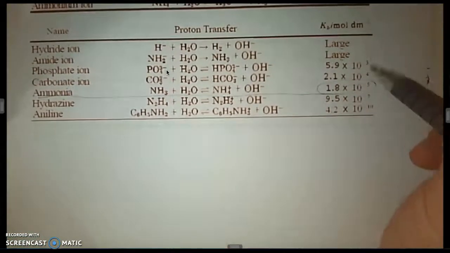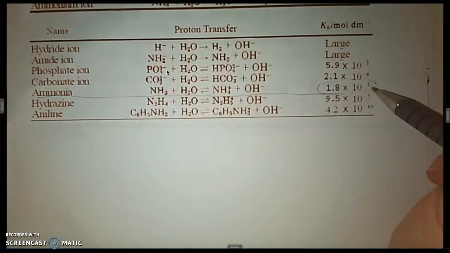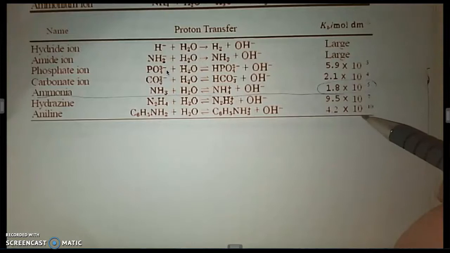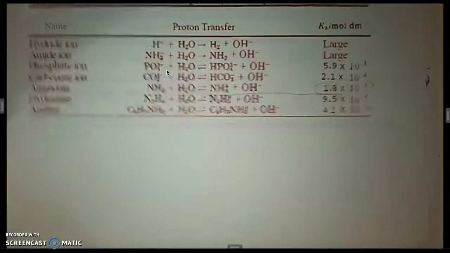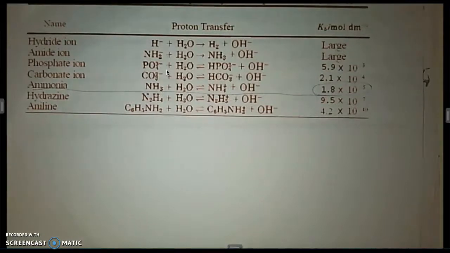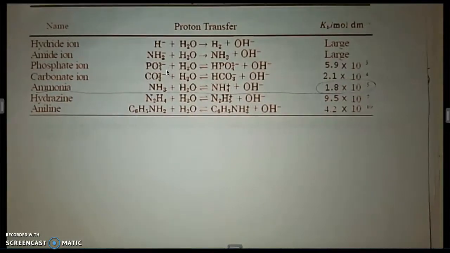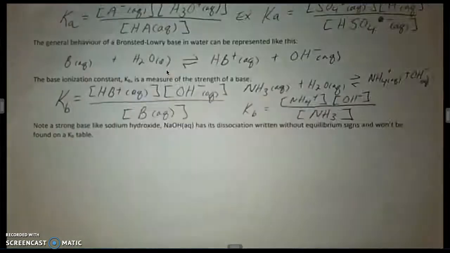Okay, so compared to some of the other bases on here, it's quite a weak base, but not as weak as something like aniline or hydrazine. Okay, so that's a ranking of the strength of bases based on their Kb, their dissociation constants.